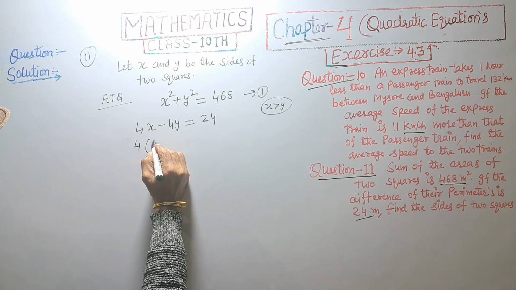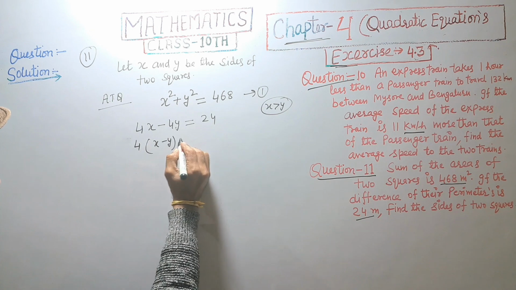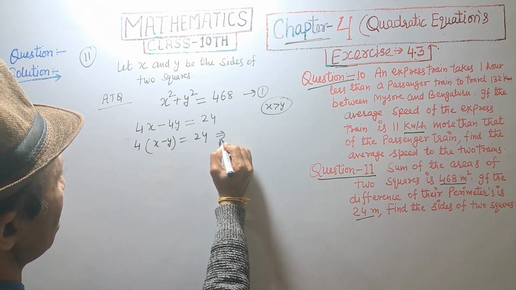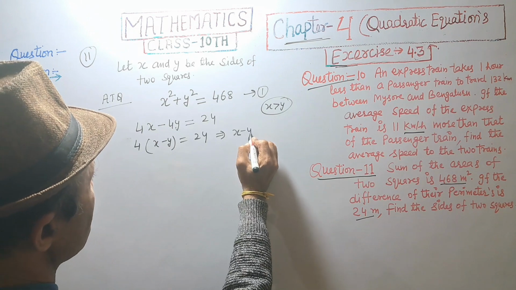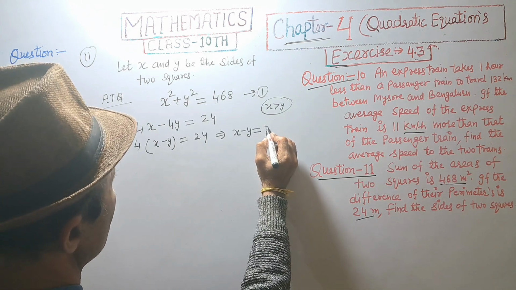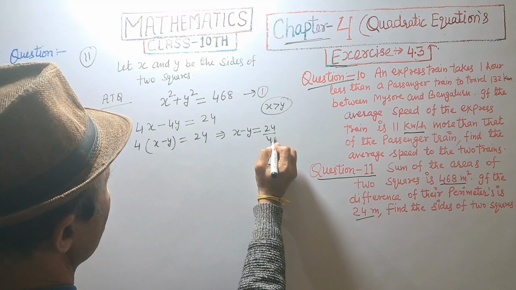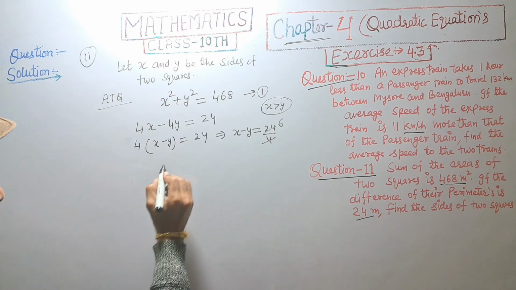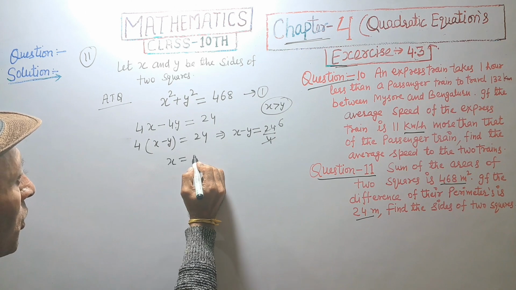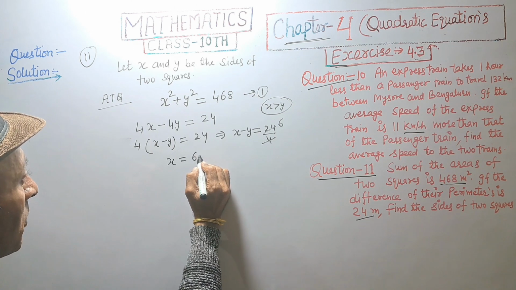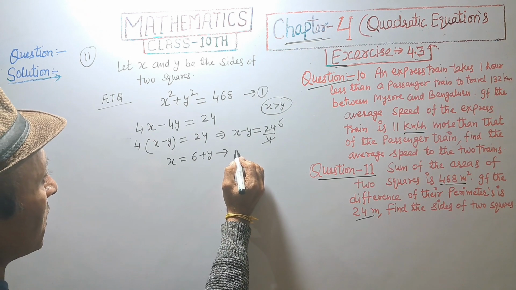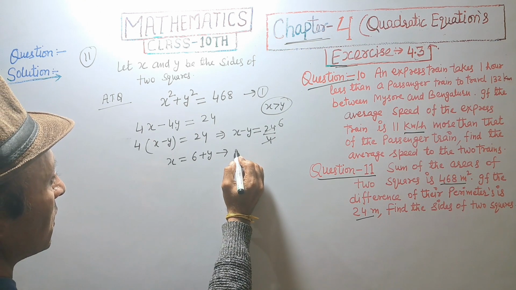Taking 4 common, x minus y is equal to 24 divided by 4, that is equal to 6. So x is equal to 6 plus y. This is equation second.